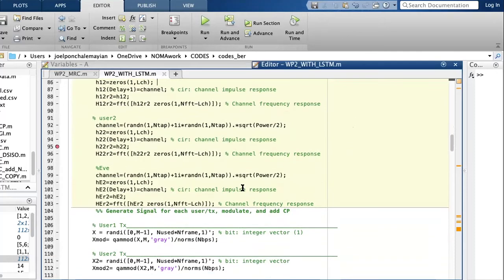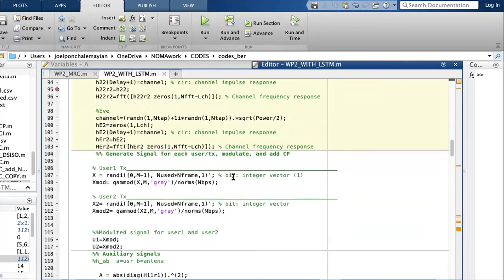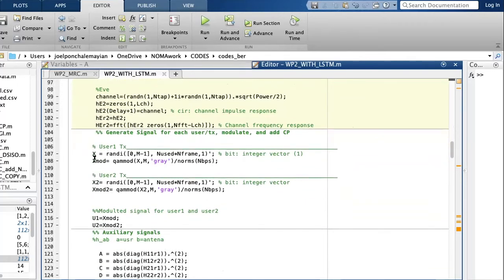After you do that, you need to find your user signals. How do you find your user signals? You simply generate random bits, because this is going to be your user signals that you're going to transmit.